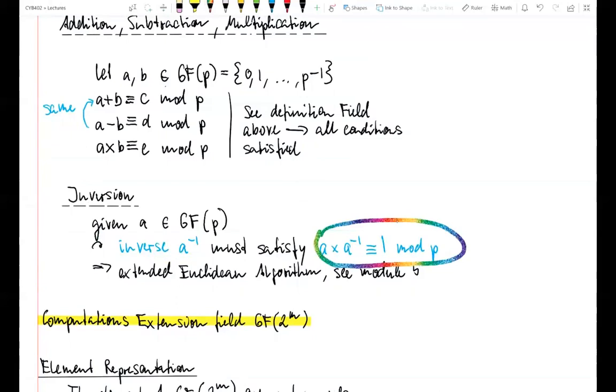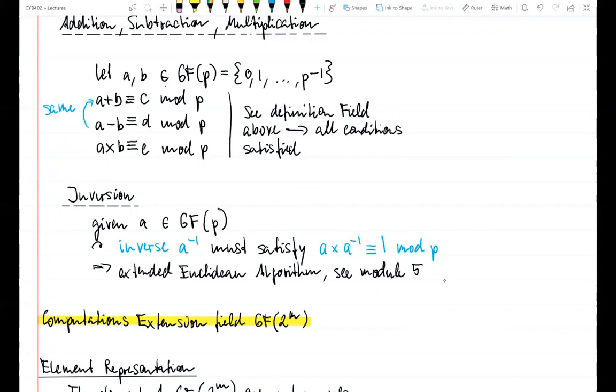And again, for each A, the inverse must exist, just because we have modulo P here, and P is a prime, and A and P don't share greatest common divisors other than 1.